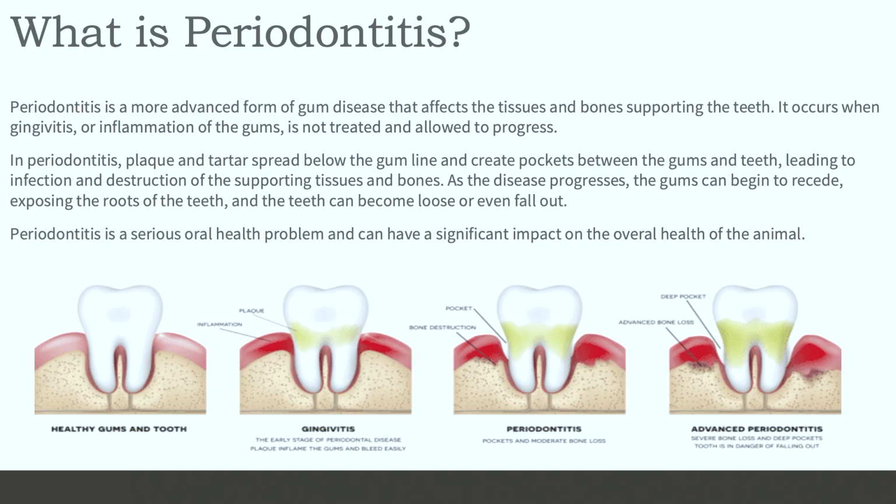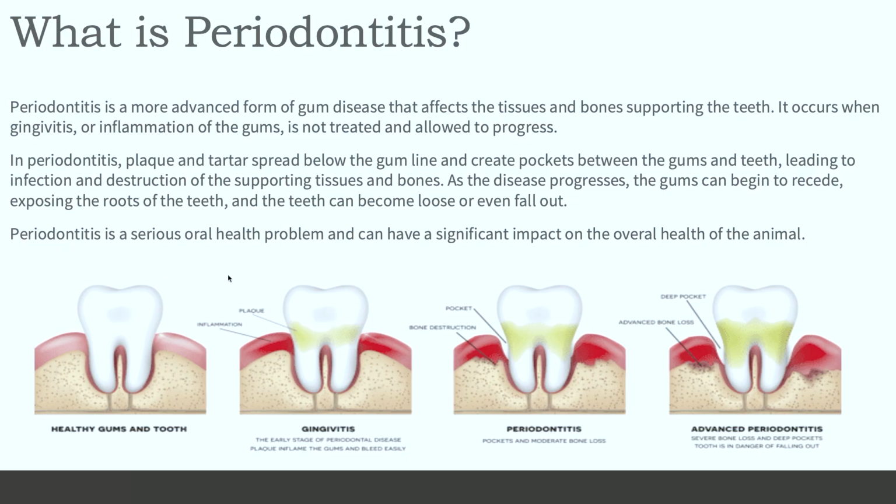In periodontitis, plaque and tartar spread below the gum line and create pockets between the gum and the teeth, leading to infection and destruction of the supporting tissue and bone. And as the disease progresses, the gums can continue to recede, which you can see here, causing exposure of the roots of the teeth, and that's when the teeth can become loose or even fall out.